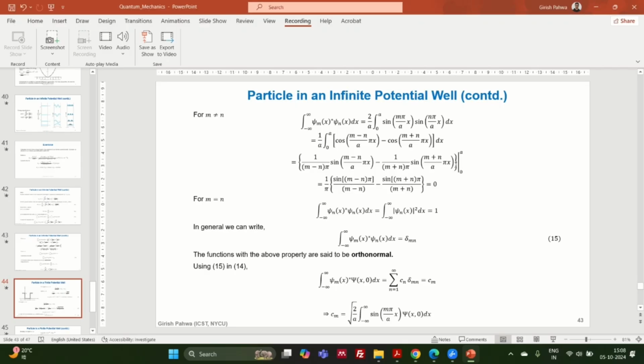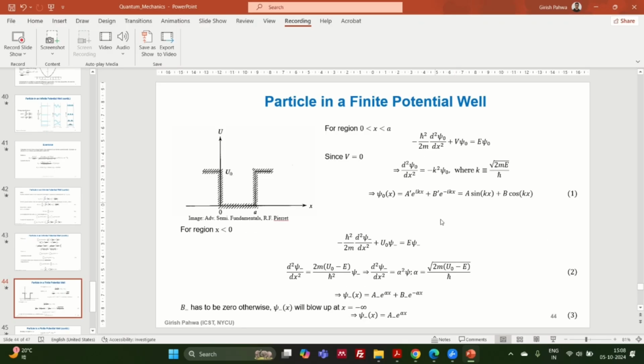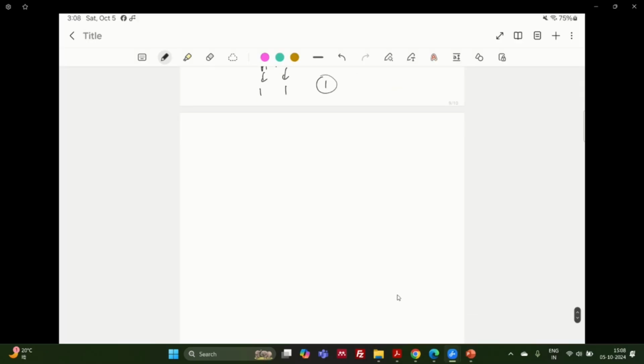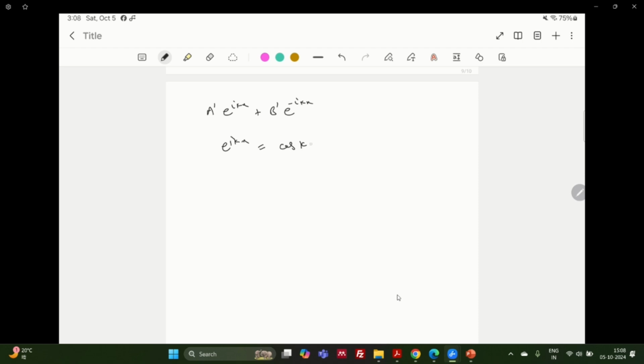Now let me show you that. So we have a dash into e to the power iota kx plus b dash into e to the power minus iota kx. What is e to the power iota kx? Cos kx plus iota sin kx, right?